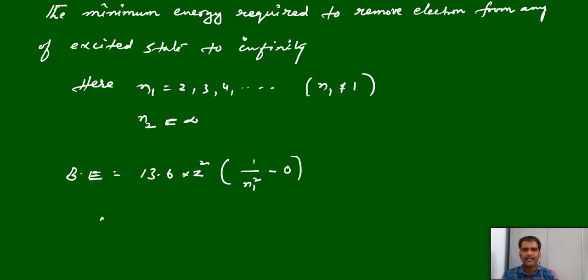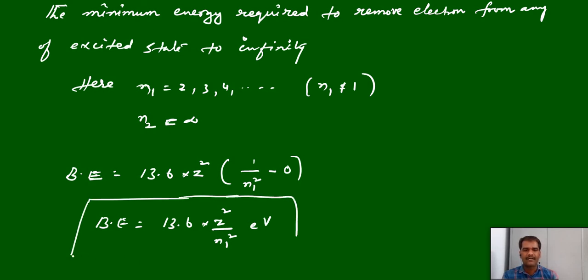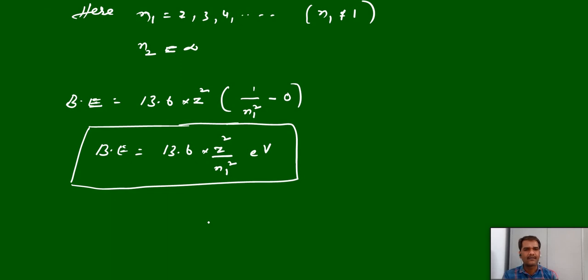So you will get binding energy is equal to 13.6 Z square by N1 square electron volts, where N1 is 2, 3, 4. First separation energy means N1 equal to 2. Second separation energy means N1 equal to 3. And fifth separation means N1 equal to 6, and so on.